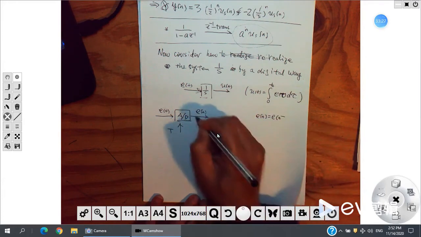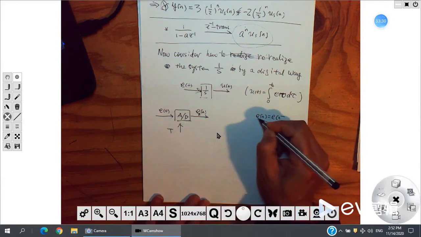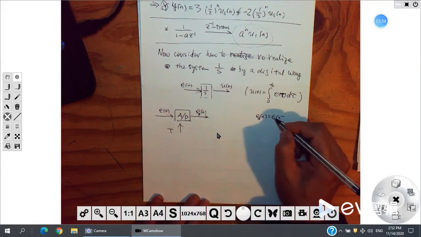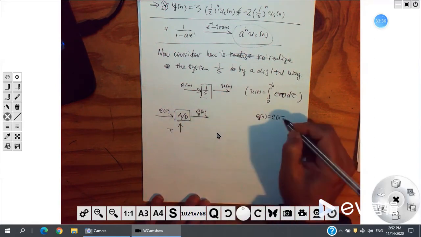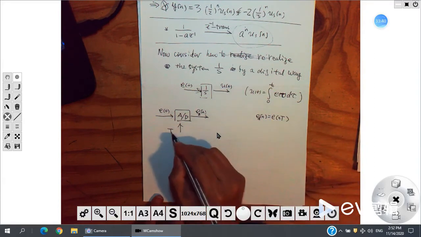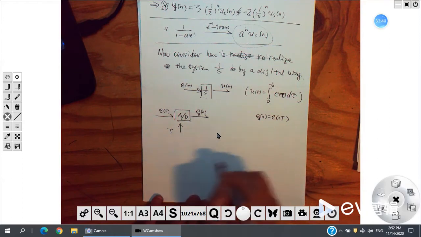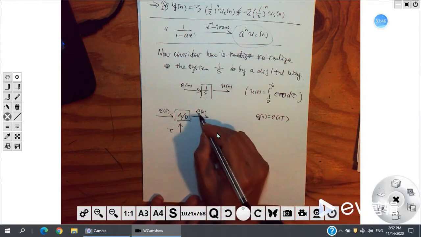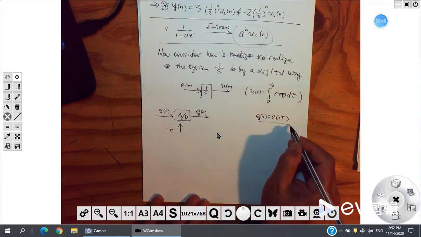I put a d here, Ed, the digital one, the discrete time one. It is E of t, but t is n times capital T. Capital T is given by you as the step to take samples.